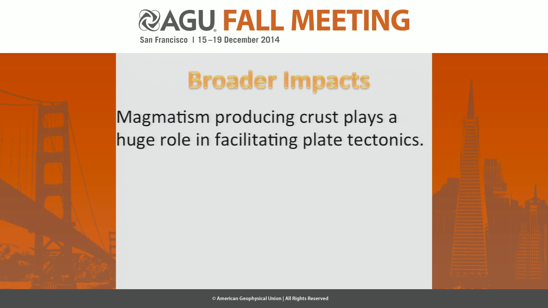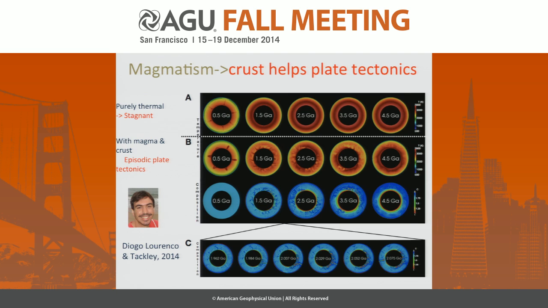One point about these models is that magmatism actually can play a huge role in facilitating plate tectonics, both by the mechanism that I just described, like weakening caused by heating the lithosphere, and just the production of crust, oceanic or continental crust. So here we have two sets of models run by Diogo, my student.